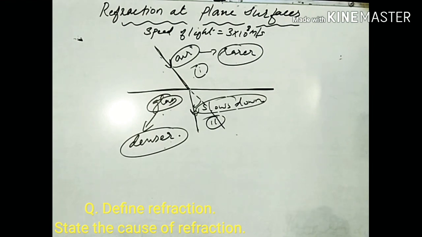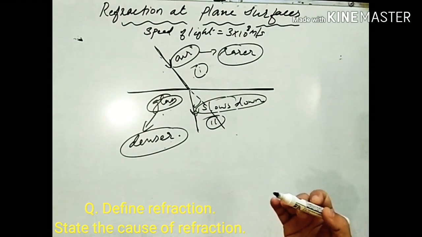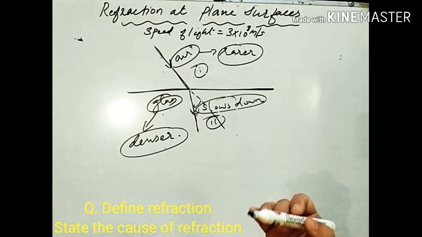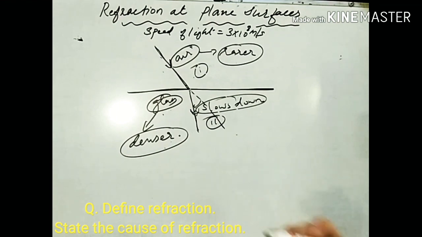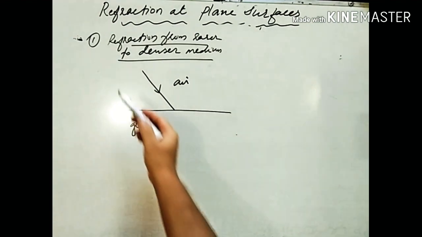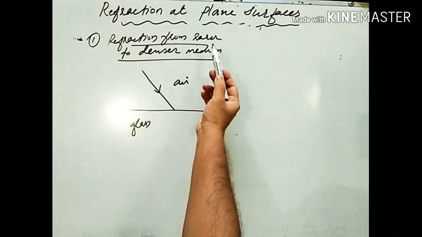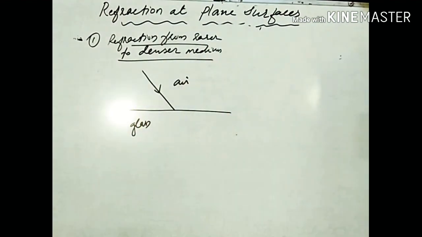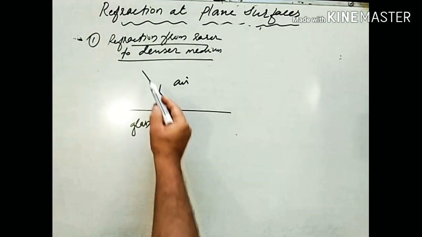All right. Now let us study some more points about refraction. How the refraction is taking place. How can we represent refraction using rays of light. Now let us study how the refraction is taking place when a light travels from rarer to denser medium. For that, let us consider a ray of light.